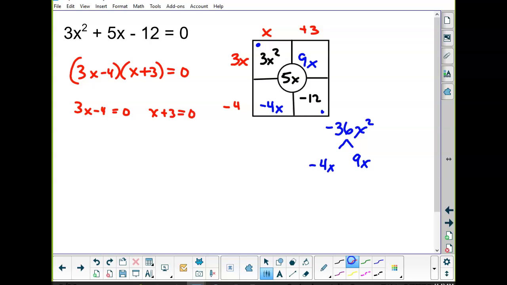And then we're just going to use algebra to solve. If I subtract 3, that one's really quick. For this one, if I add 4 over to the other side, and then divide by 3, I can just leave it as 4/3.